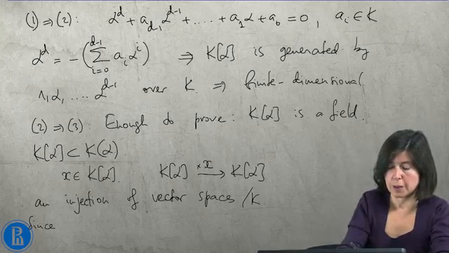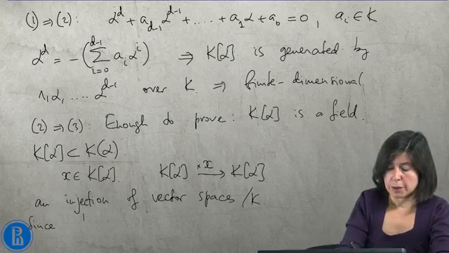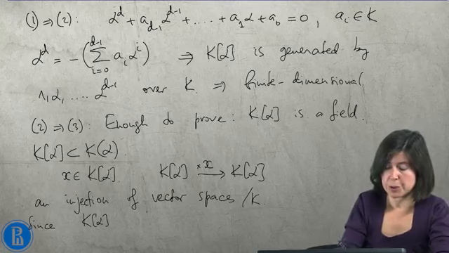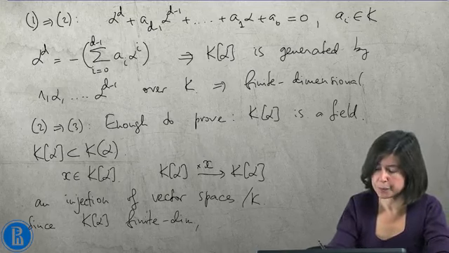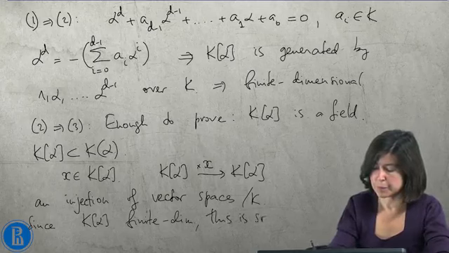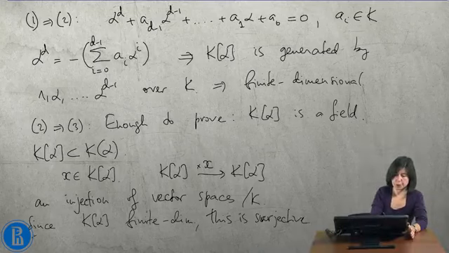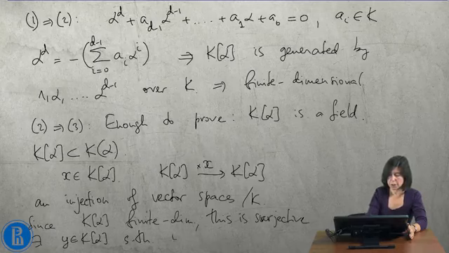Since K of alpha is finite dimensional, this is a surjection. So there exists a y in K of alpha such that y times x is equal to 1.